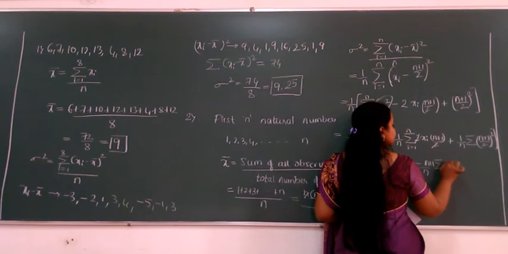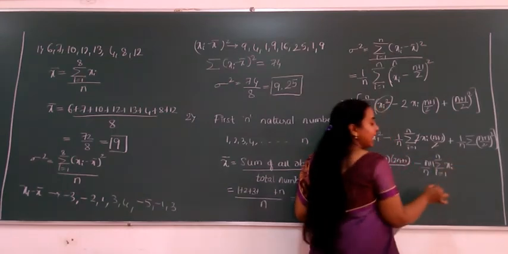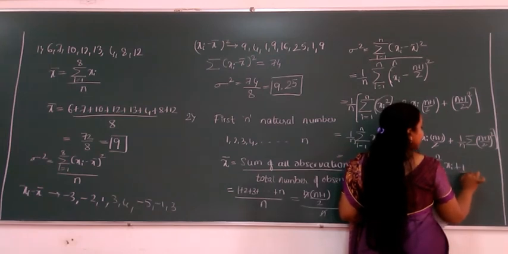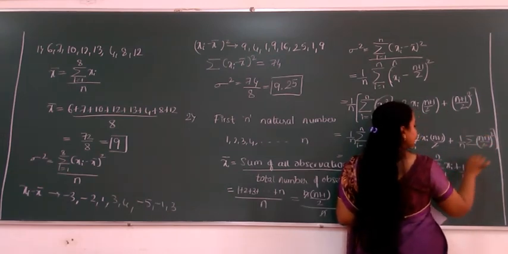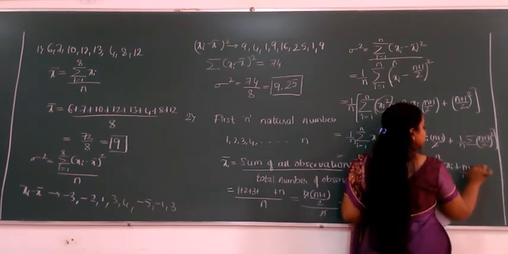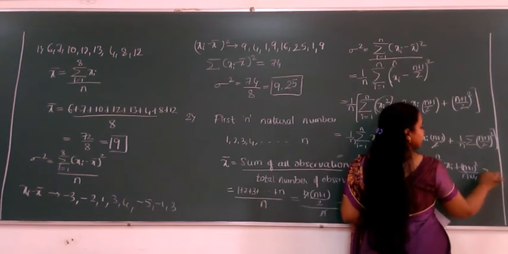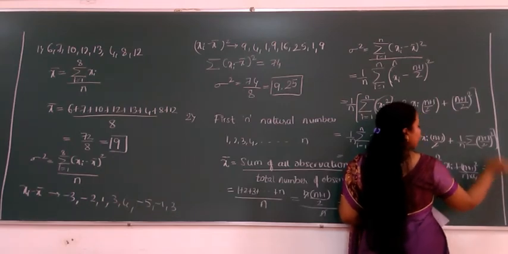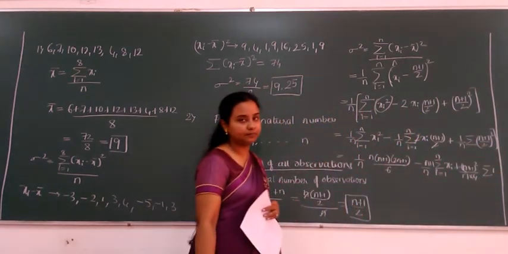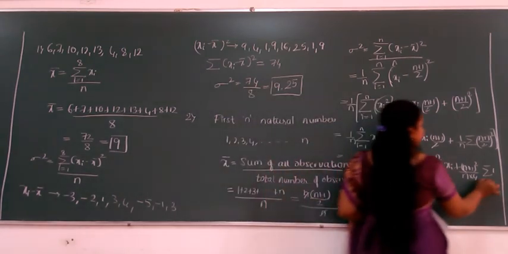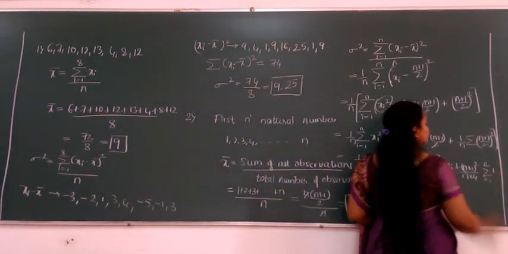The remaining is summation of xi where i goes from 1 to n, plus 1 by n. Even here nothing applies, so we will take (n plus 1 by 2) whole square divided by 2 square, I am going to write it as 4, times summation of 1, where i goes from 1 to n. If nothing is there, always the summation of 1.